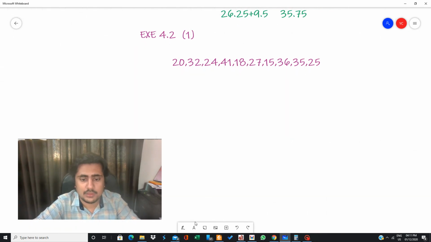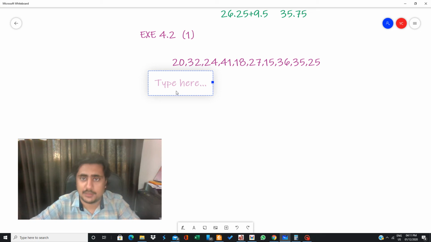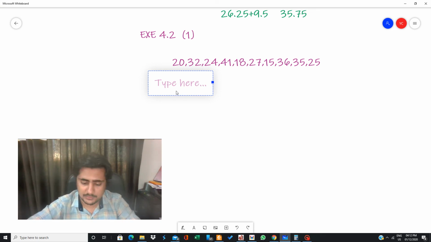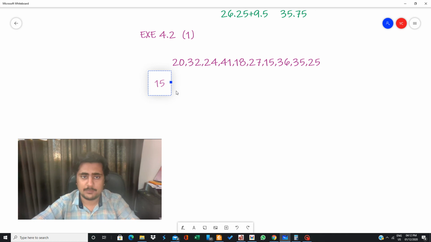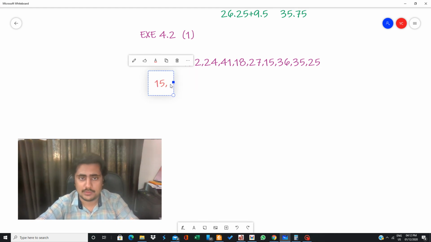So first of all, we'll arrange this in ascending order as I told you. We keep the smaller digit first. So this is 15.